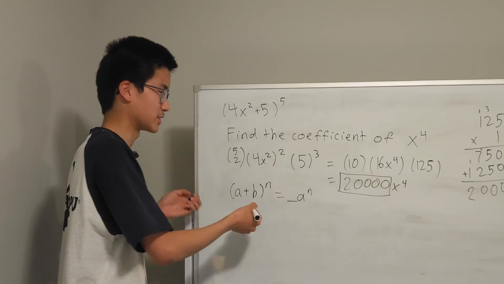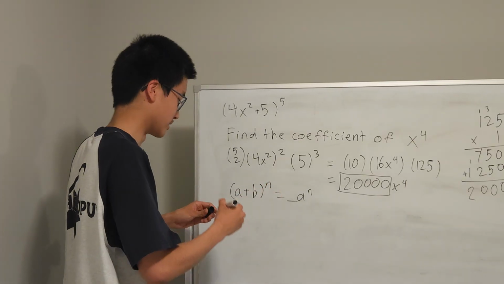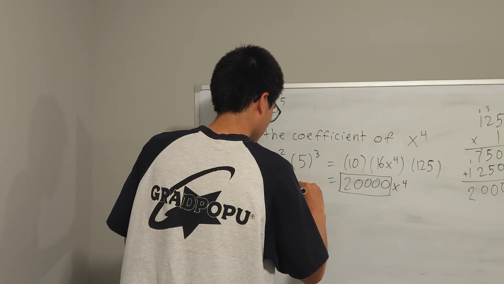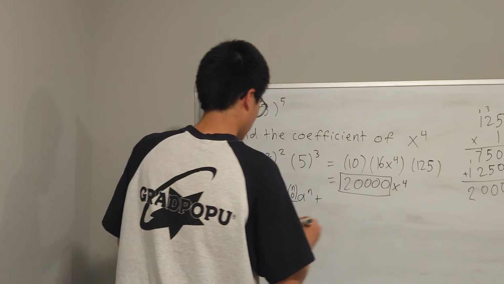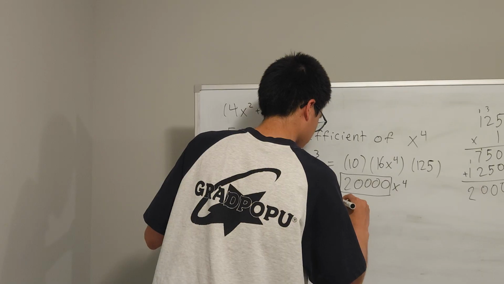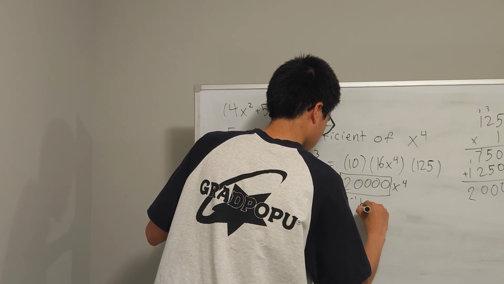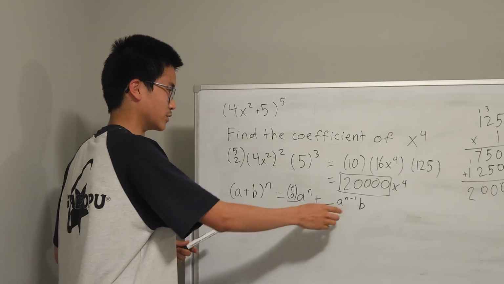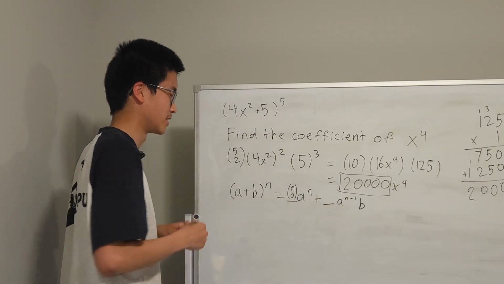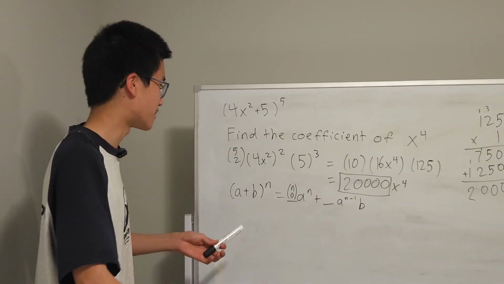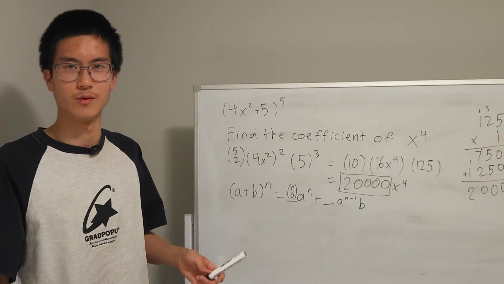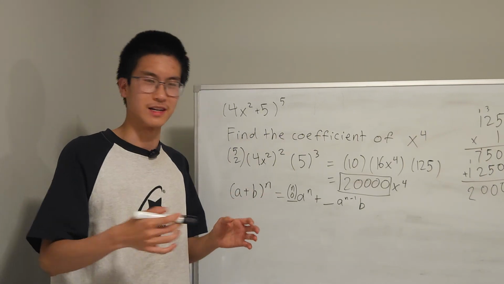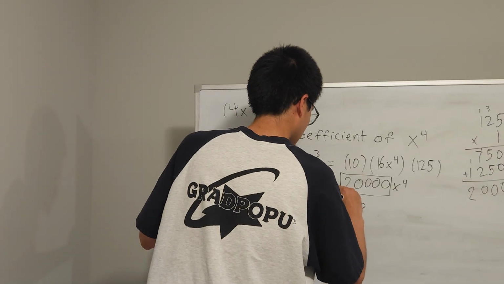This expansion could produce a to the n, and there's one way to produce a to the n, or we can write this as n choose 0. Then you continue down to a to the n minus 1 times b. How many ways are there to produce this term? You're basically choosing n minus 1 copies of a and 1 b, and there are n choose 1 ways of rearranging this. So it's n choose 1 right here.